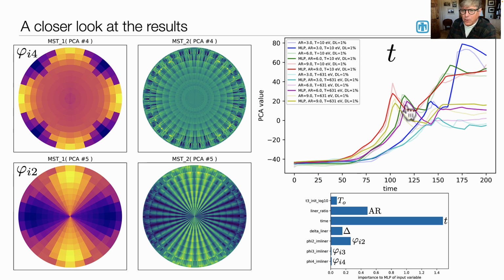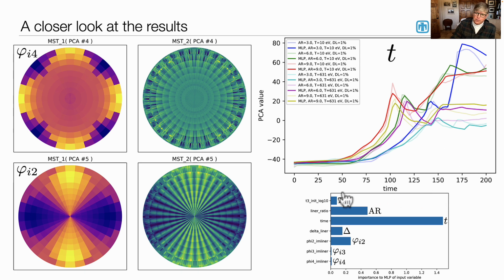Then if you go to the next aspect ratio, the thicker one shown by the green and magenta, it takes longer to compress, but things are still well followed. And then again for the thickest, the smallest aspect ratio, that takes longer to compress, but things are still well represented there.